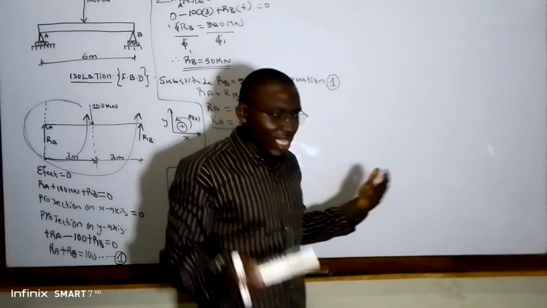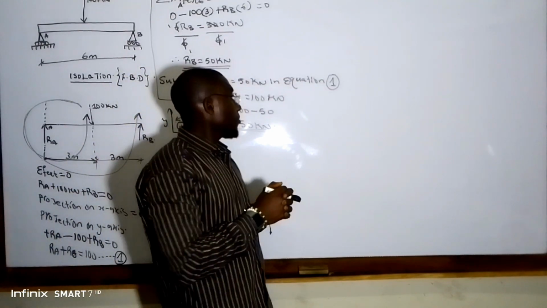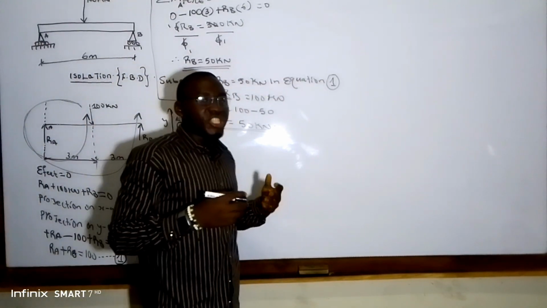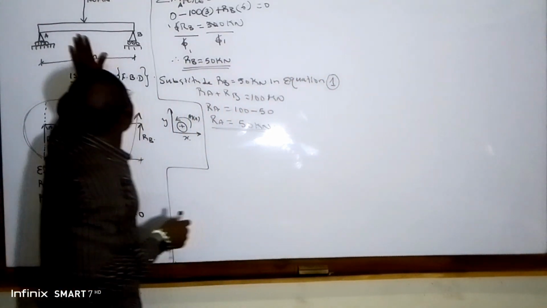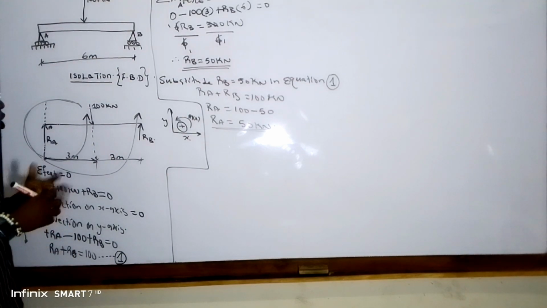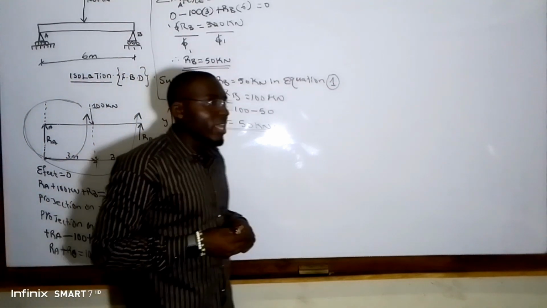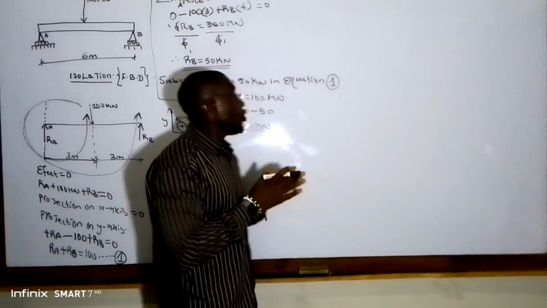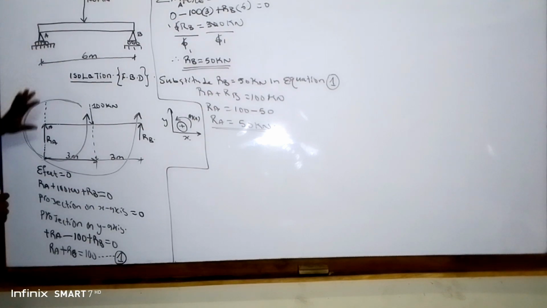So guys, there's another thing we need to do. We need to evaluate the shear force and the bending moment of this beam. To do the shear force and the bending moment before drawing the diagram, we use the original beam that has been given. We don't use the isolated beam or the free body diagram beam that we have drawn.